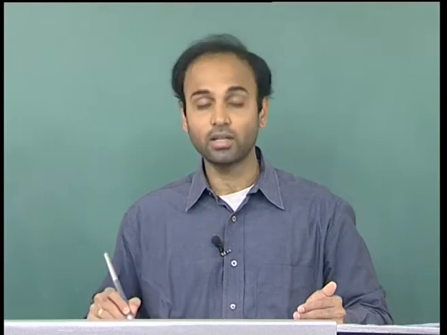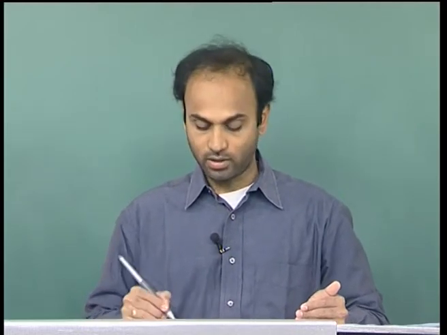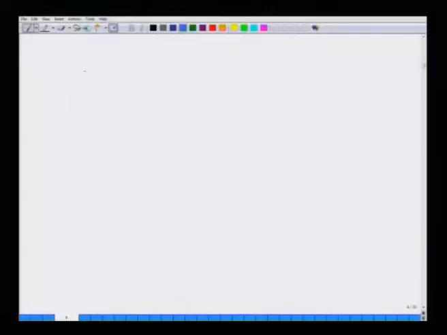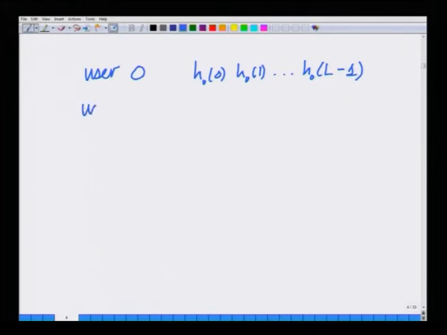So, if I were to represent these channels, we have user 0, whose signal propagates through his multipath channel, which is H0 of 0, H0 of 1, and so on up to H0 of L minus 1.